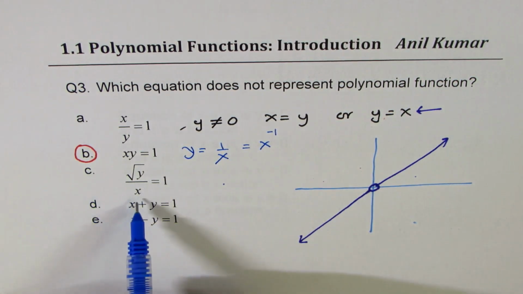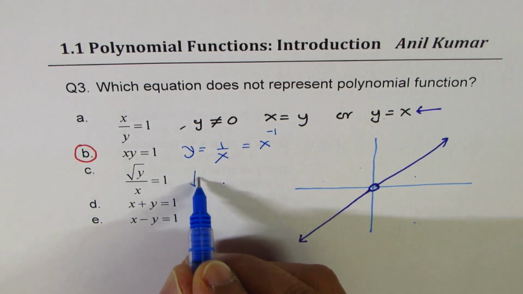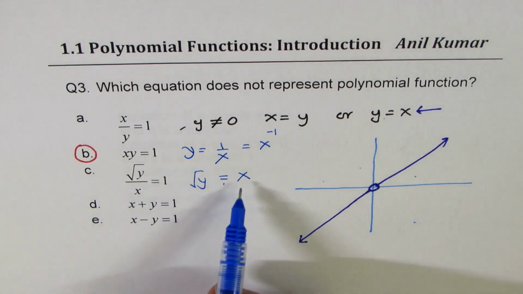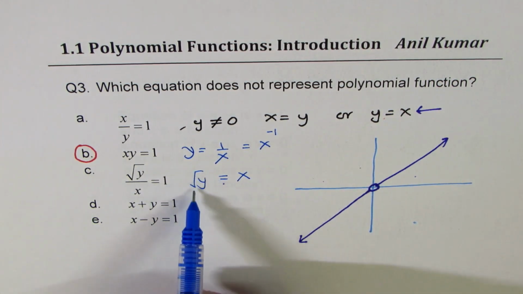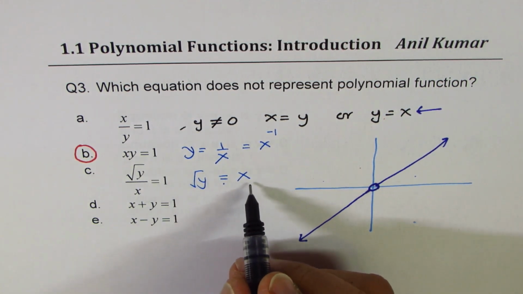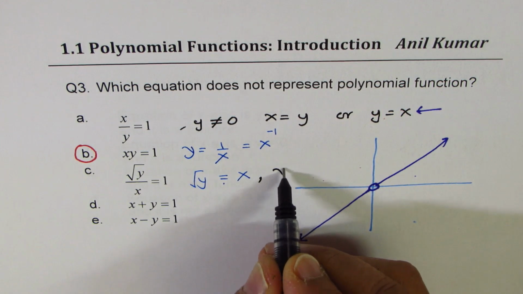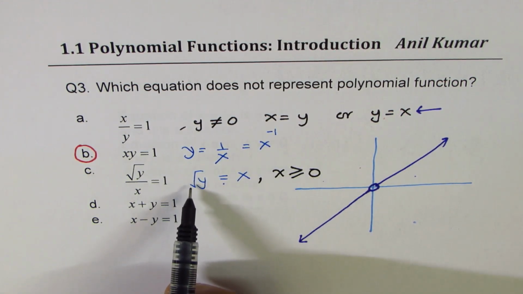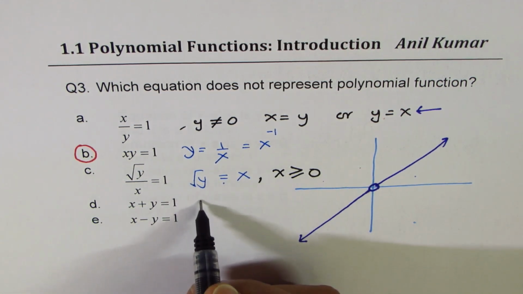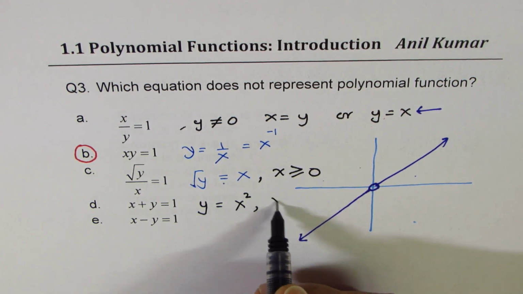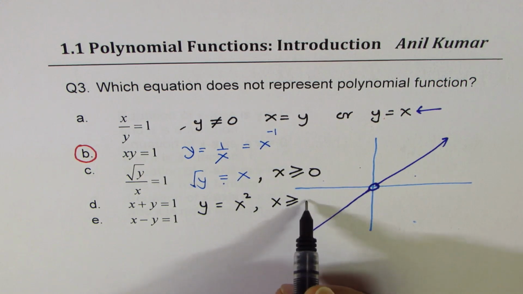If we look into option C, we get square root of y equals x. Now you will realize that when we write square root of y equals x, that really means that x is always positive, right? So x is always greater than or equal to 0. Since square root is positive, when you square it, you get y equals x squared, but you have to put this condition that x has to be greater than or equal to 0.